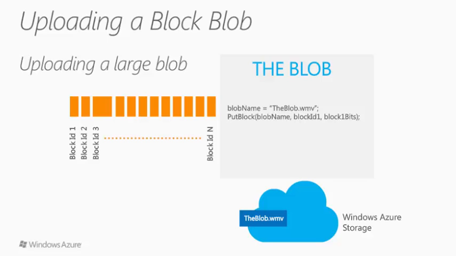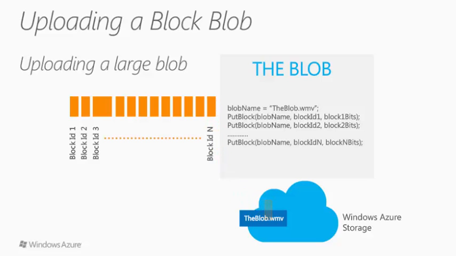But it's not really an issue because you can always generate, for example, a new GUID and say, okay, here is my unique identifier. And of course you need to provide a set of bytes, or an array of bytes, which will represent the current block or current chunk content. Then put block again and again.